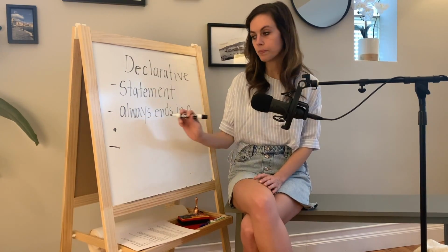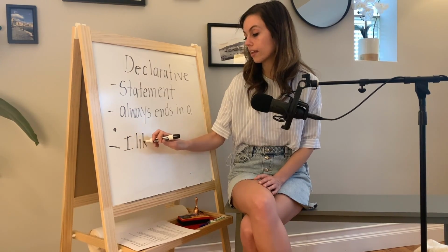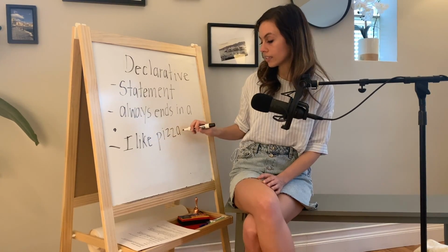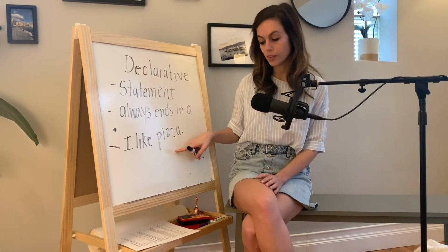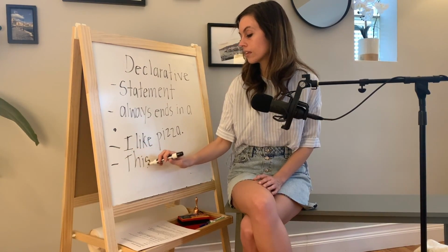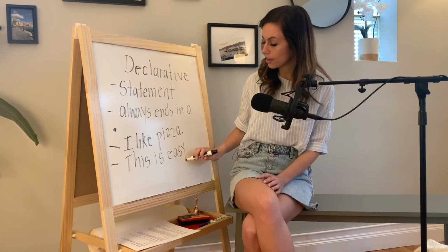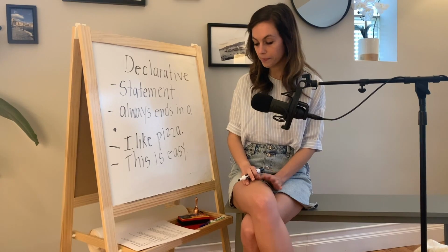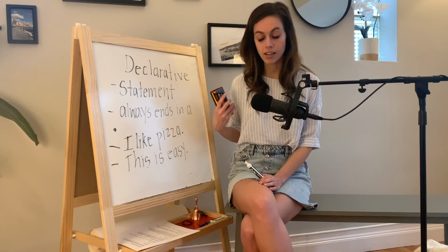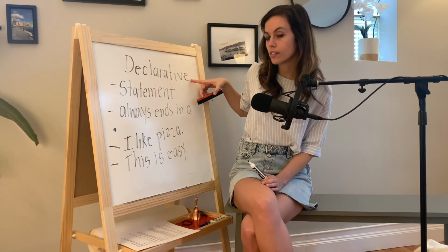So for an example, you might say something like, I like pizza, kind of ended in a period, and it's just a statement. Another example you might say is, this is easy, ending in a period. Okay? So in each of these sentences, the speaker will make a statement, which makes it a declarative sentence.